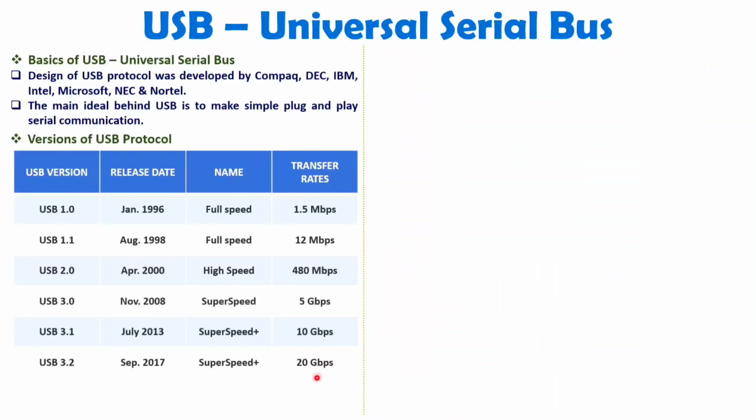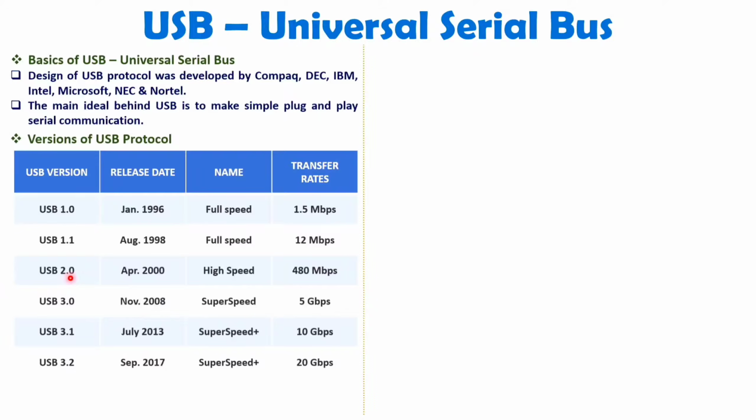Now my dear students, the question is which version we use in normal situations. In the majority of computers you will observe we are using USB 2.0 only. Why? The reason is this transfer rate is more than sufficient. If you observe your computer system, whatever USB ports are there will have at most USB 2.0 version.